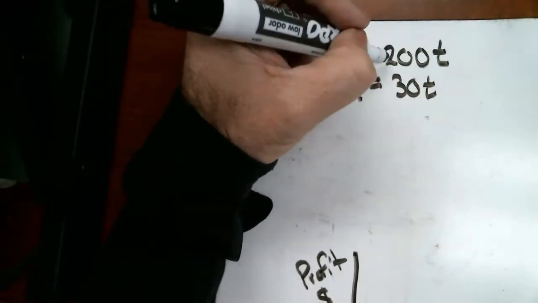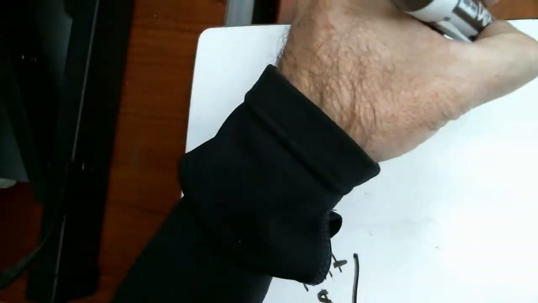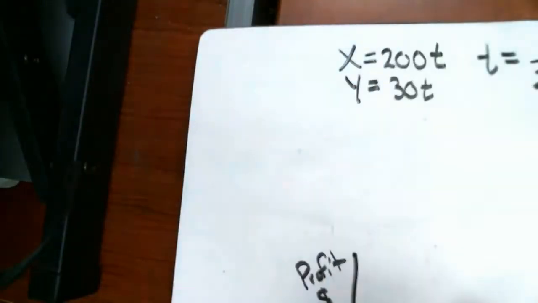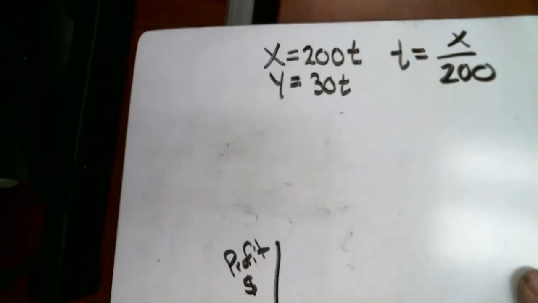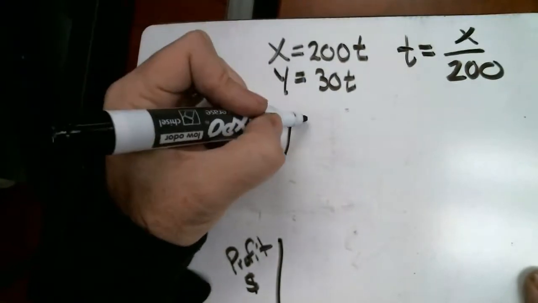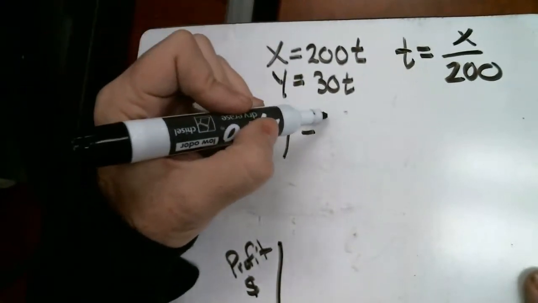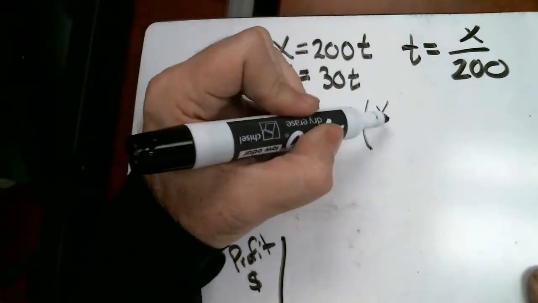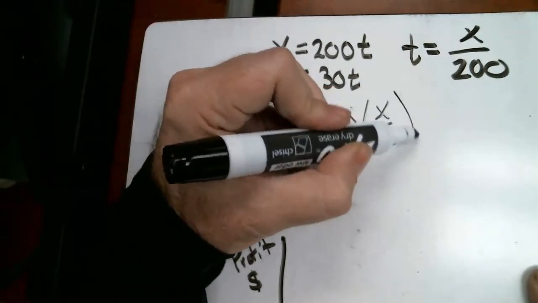So that's going to involve me dividing both sides by 200. T would equal x over 200. I'm going to take that value for t and plug it into this equation. I'm going to have 30 times what t is equal to, x over 200.